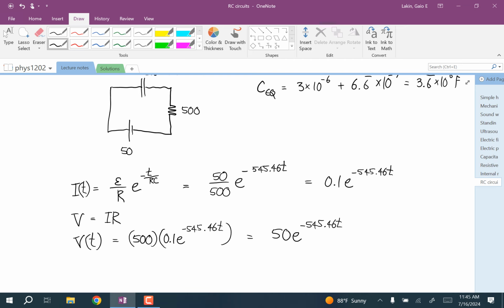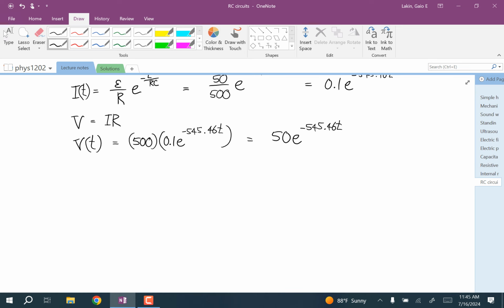Okay, there's just one more thing that I want to tell you, and it's really easy. In all of these examples, I've been asking for the current and the voltage through the resistor. One thing we often want to know is the power delivered to the resistor.